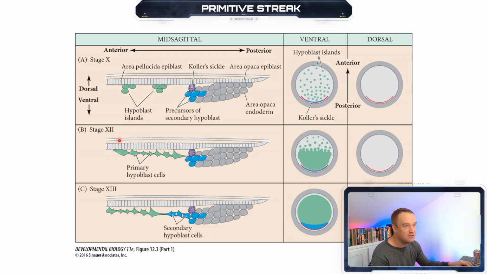By stage 12, a couple of stages later in development, a sheet of cells grows anteriorly from the sickle, and these hypoblast cells start to connect here and migrate across the ventral side of the embryo, the ventral side of the blastocoel. By stage 13, just prior to the formation of the primitive streak, the formation of the hypoblast has been completed. So we get the second layer all the way across here, and this is just on the ventral side. You can see it's not on the dorsal side.